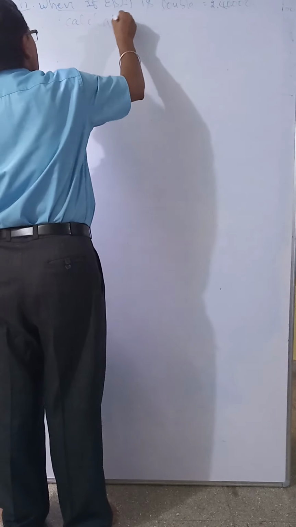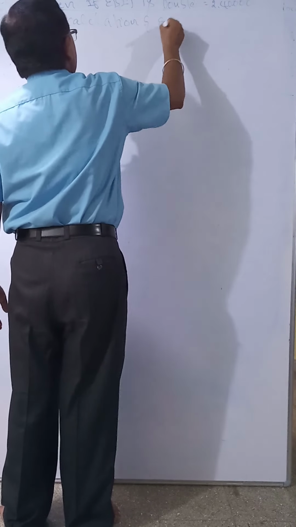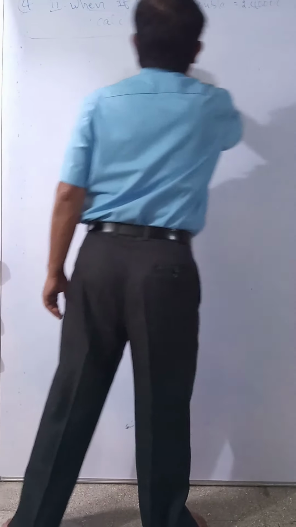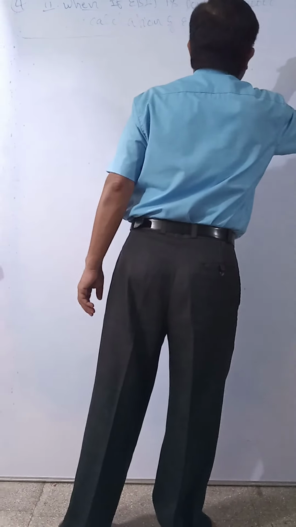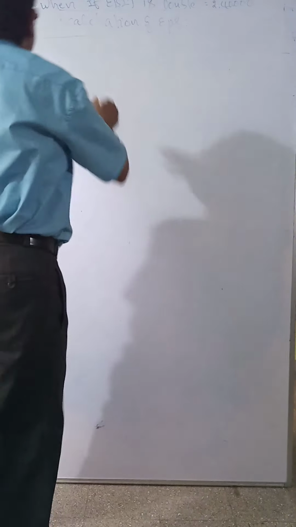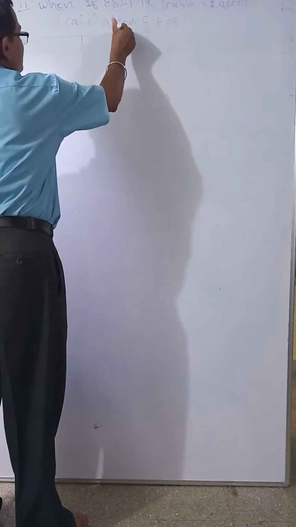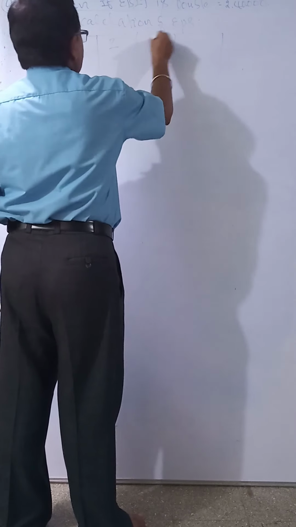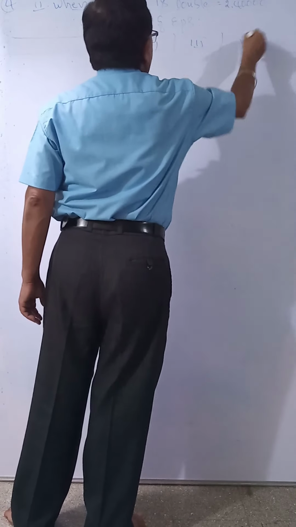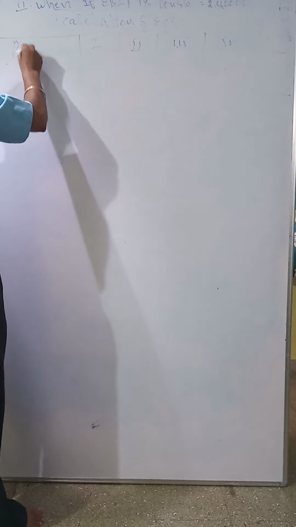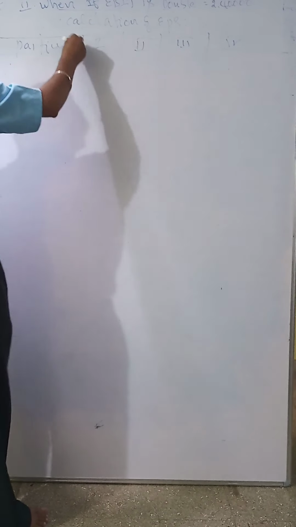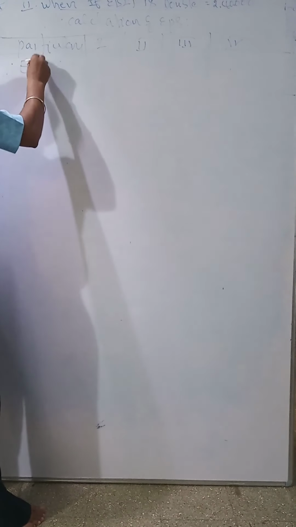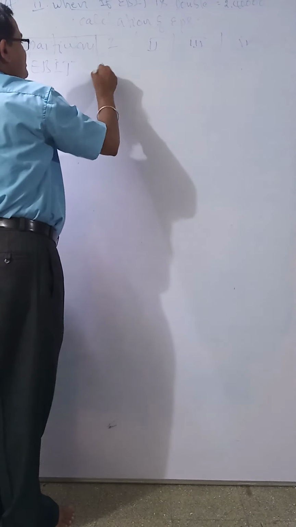Calculation of earning per share, again four plans: 1, 2, 3, then 4. This is particulars. The number of shares is common, no need to do the calculation again. First take EBIT, earning before interest and tax, doubled, which is 2,40,000.